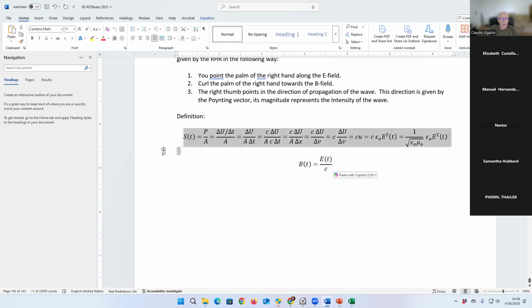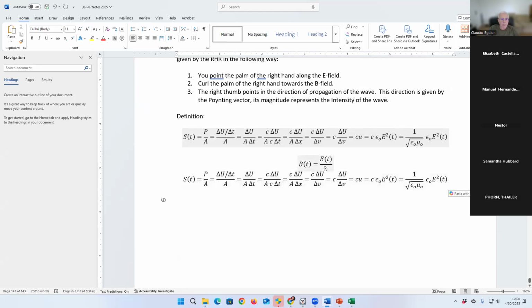And let's see how we can write that in terms of the magnetic field. To write that in terms of the magnetic field, we have to write E in terms of B, like that.